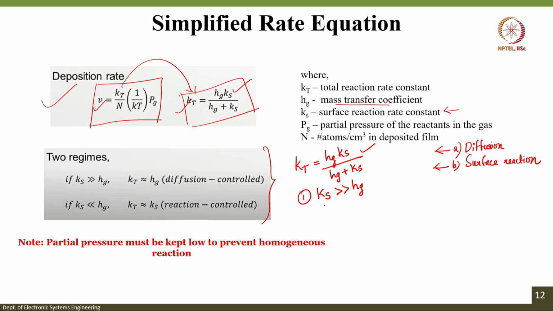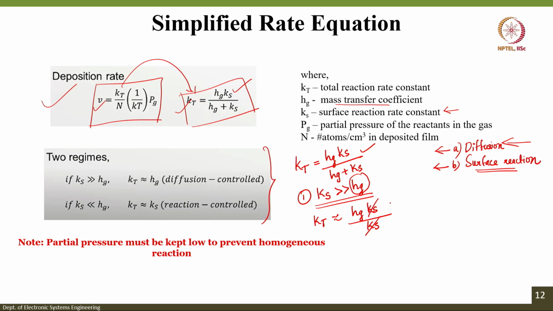So, first case, when your surface reaction rate is much higher than your mass transfer coefficient, that means in your particular CVD chamber, surface reaction happens at a faster rate than the diffusion. Diffusion means the rate at which the mass transfer happens. If this is the case, you can simplify the equation of Kt as Hg into Ks divided by, in the denominator you can neglect Hg and it will be Ks alone, because the Hg value is very small.